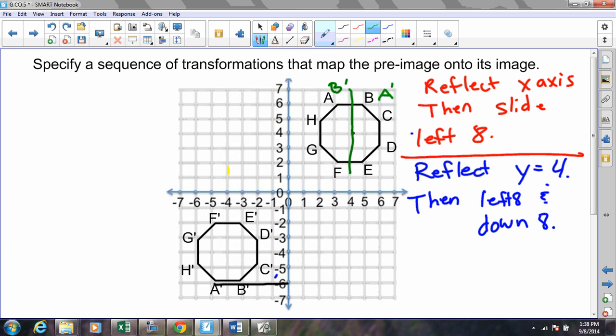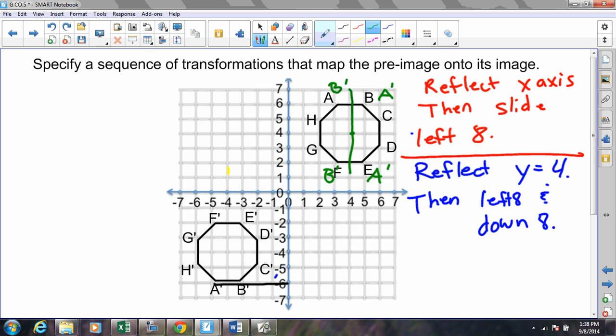And if we then rotated that all the way around upside down, 180 degrees, we get that pair. A reflection followed by a rotation followed by a translation. We could do it in 3 steps. There are many, many, many correct answers. You just have to have one set that's correct.